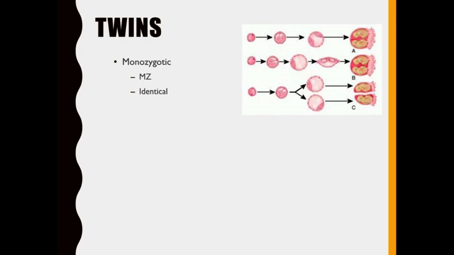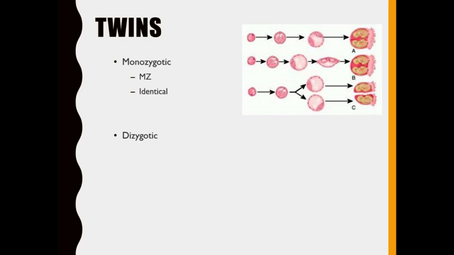Now, I told you when I started this whole talk that I was going to give you two basic groups of twins. The truth is, we are now understanding more about genes than we used to know, and monozygotic twins are not necessarily 100% genetically the same, but we're just going to sort of gloss over that for right now and talk about them as if they are identical, 100% of their genes in common.